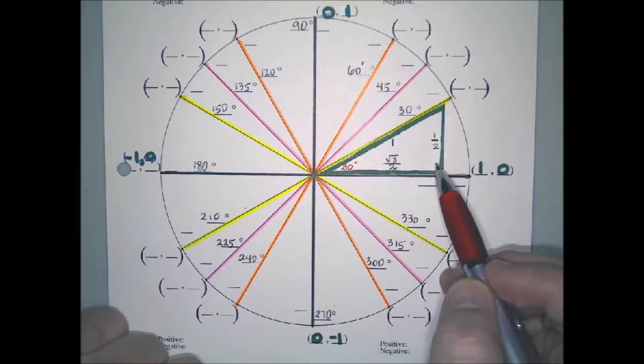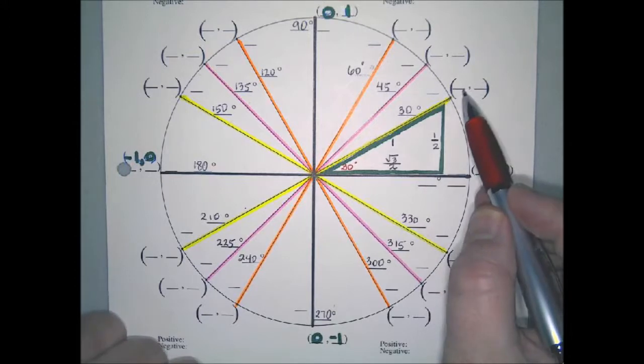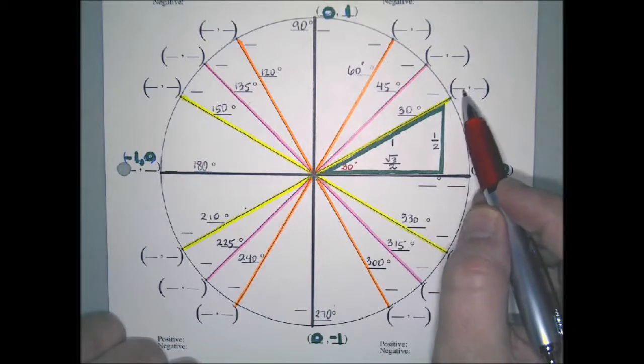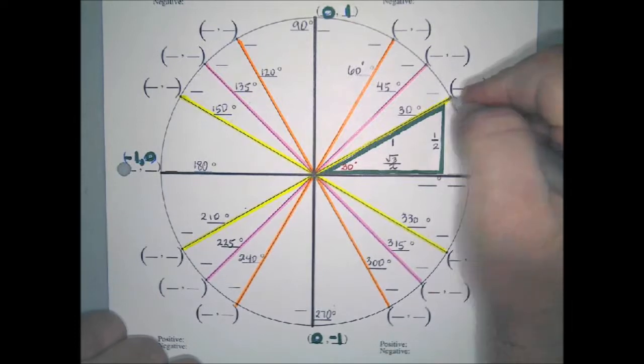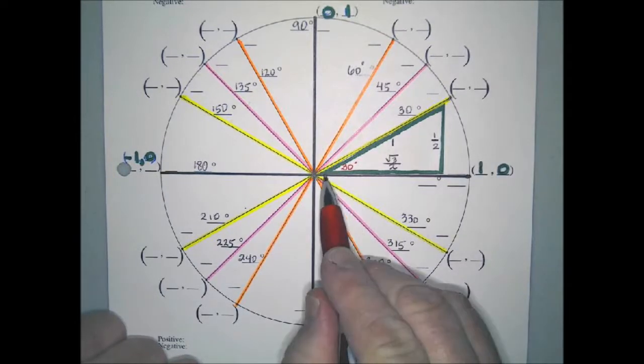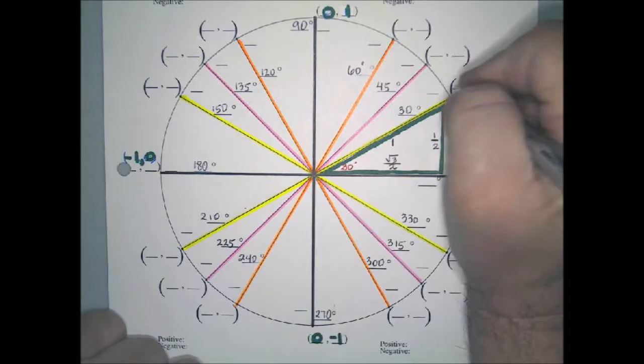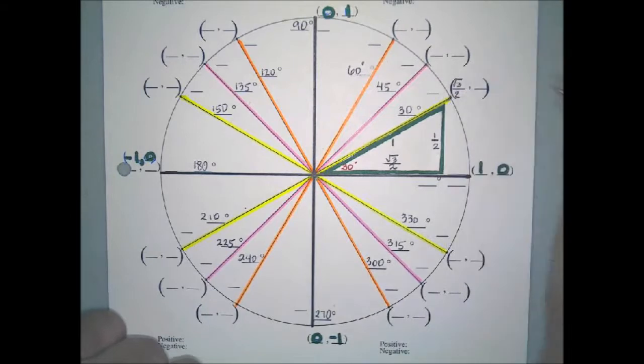Now, those values are going to help us figure out what this ordered pair right here is. Well, what's the x value of that ordered pair? In order to get to that point, you have to go over root 3 over 2. So that would be the x, square root 3 over 2.